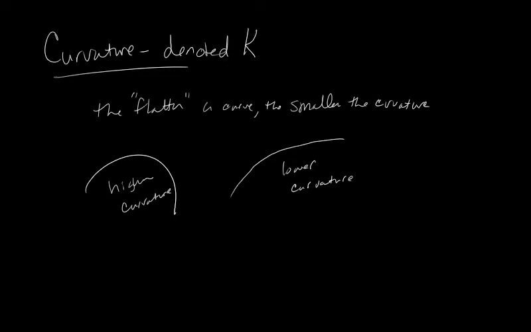Okay. All right. So suppose r of s is the vector valued function that gives us our curve, where s is the arc length parameter.